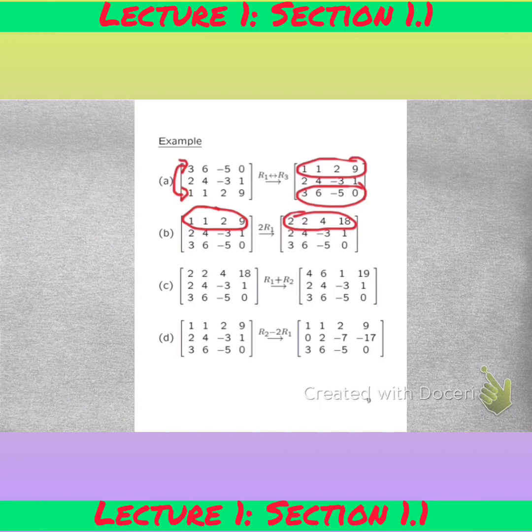So we're changing the first row by adding the second row to it. There we get the first row changed, and the other two rows remain the same. And the last one is we change the second row by adding negative the first row to it. So there we get the change.